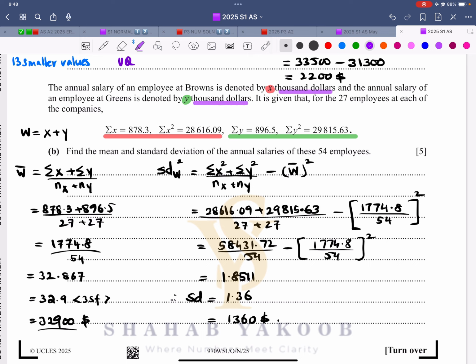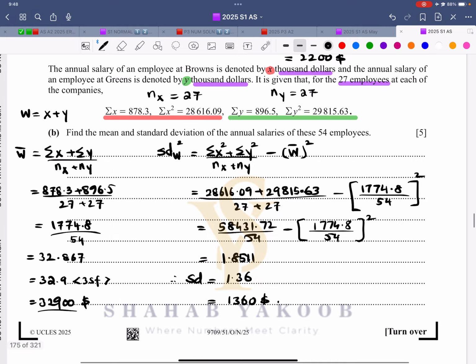It is given for the 27 employees. So now it's 27 at each. So over here, the number of people for X is 27. The number of people for Y is also 27. And the data is given. So basically, it's combining sets of data.